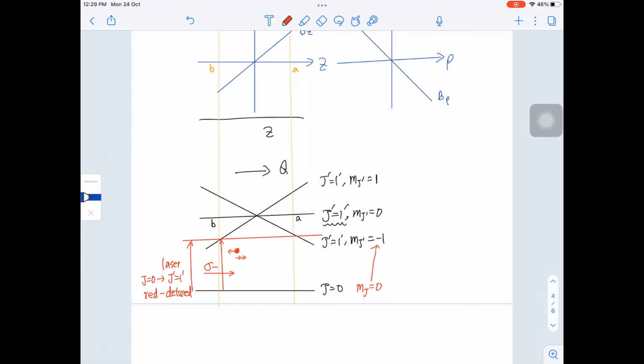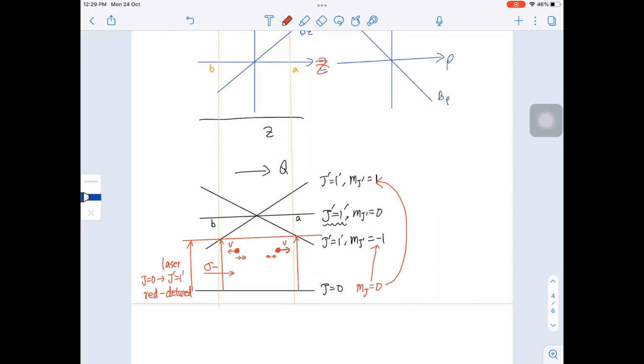On the other hand, when atoms have the velocity along the positive z direction, we hope to accelerate the atoms in the opposite direction and move them into the center. Sorry, I made a mistake.